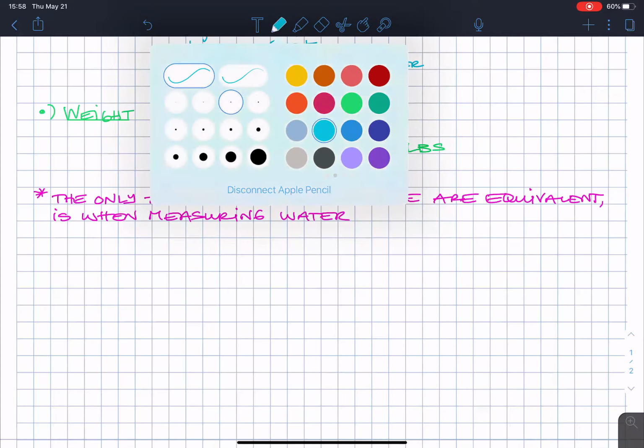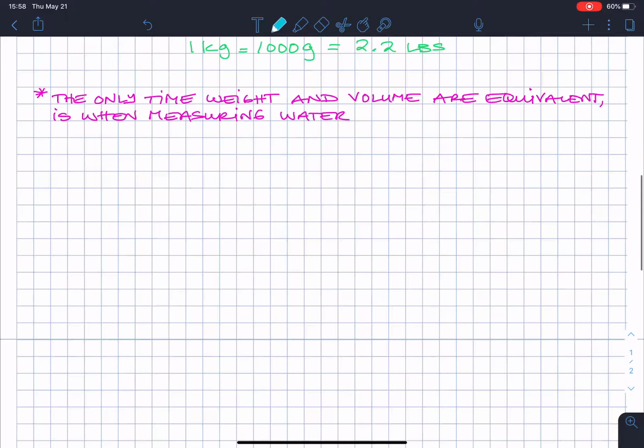Okay, so definition. A conversion factor, that's what we're defining. So underline it.